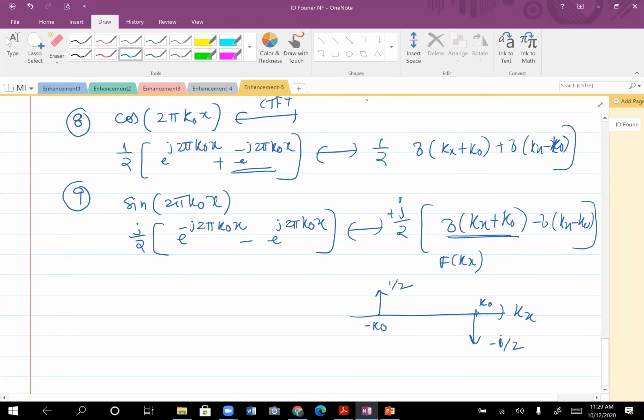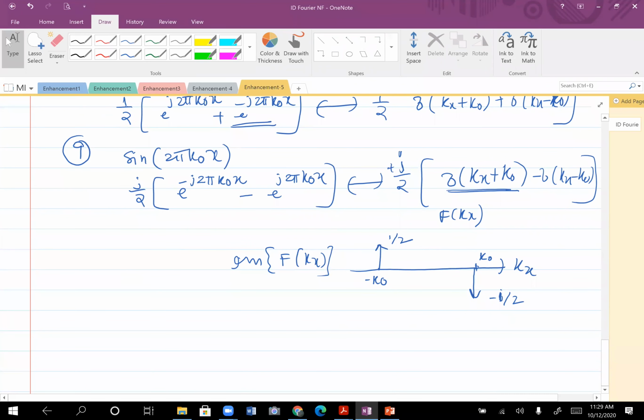If I write it as 1 by 2, what I am plotting here is the imaginary part of, to be more precise, F of kx. If I am plotting it, this is how it looks like. Or, another way, I could ask you to draw magnitude and phase also. Then magnitude for both will be 1 by 2. Phase, you need to modify the phase part there.